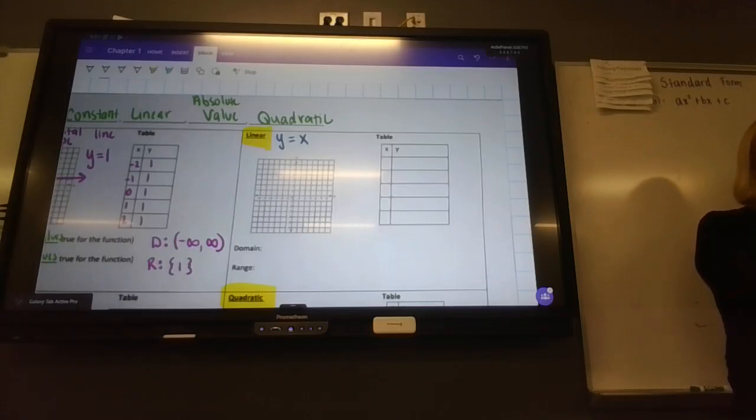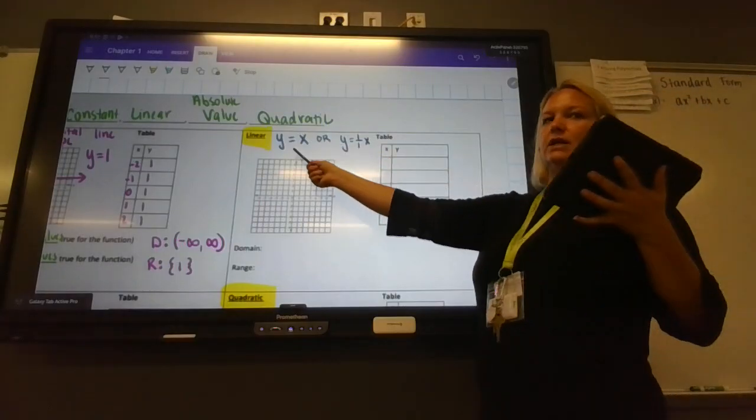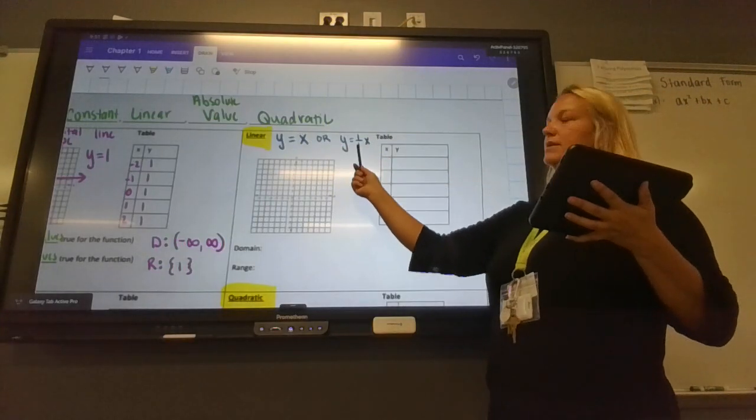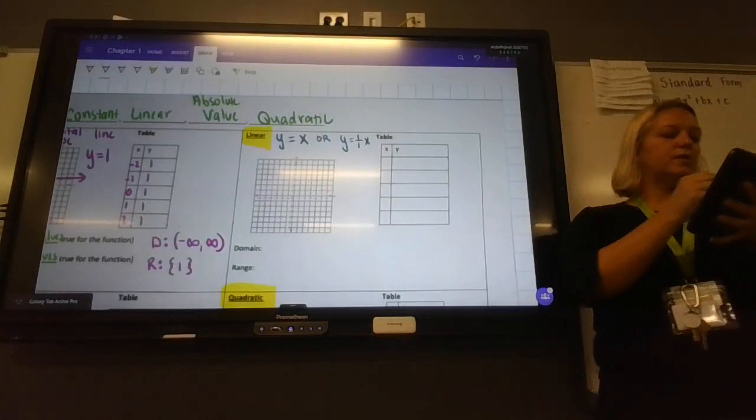This is the parent function, y equals x. Or you could see it as 1 over 1x with the invisible 1 in here. If I wanted to write it, it would be 1 over 1. And that would represent the slope or the rise over run.